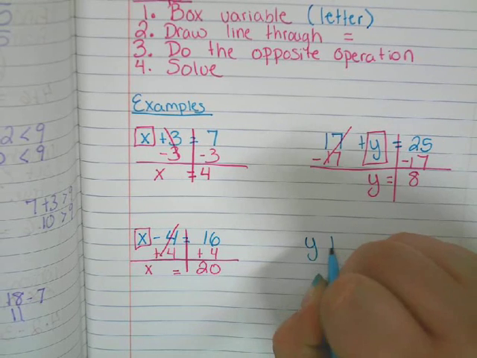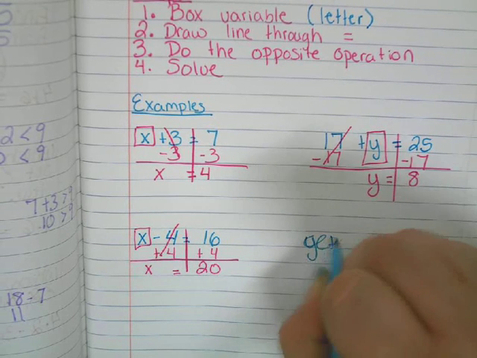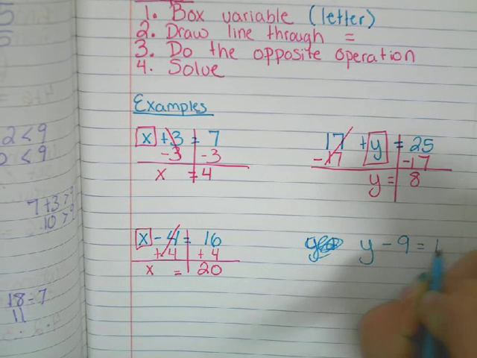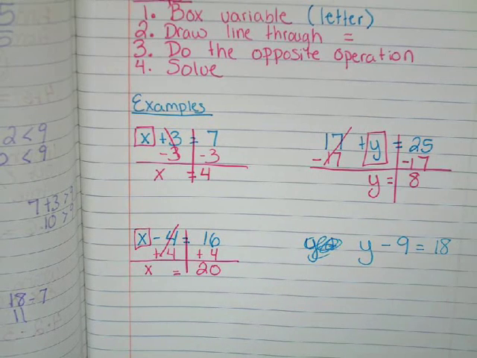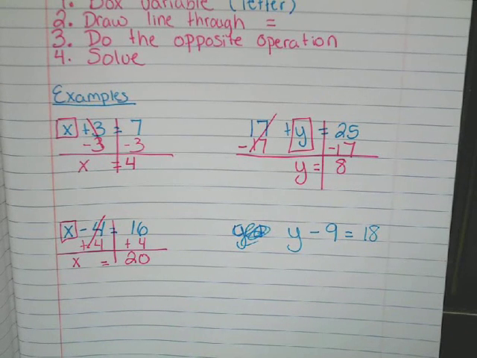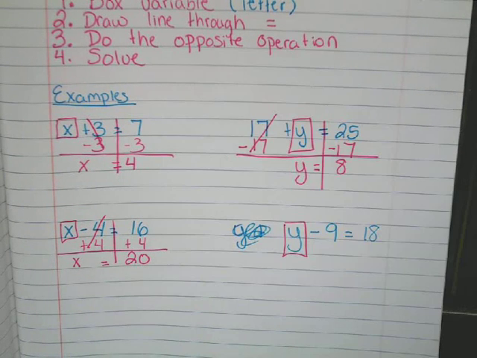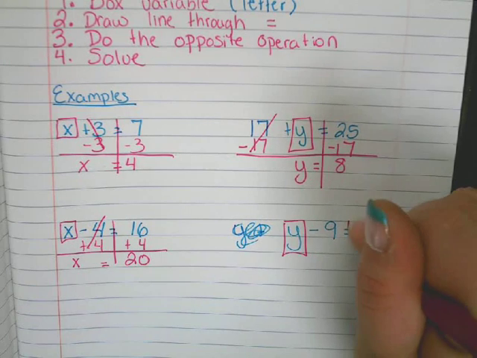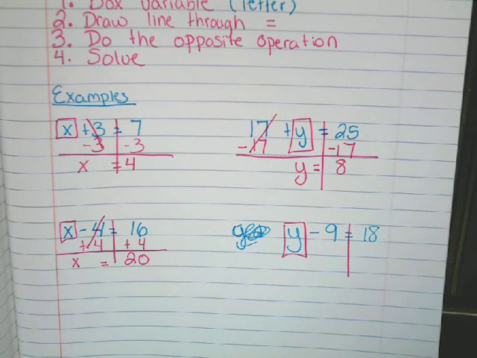Let's do y minus 9 equals 18. Box the letter. Draw a box around my letter, and make a line on the equal sign. What's my opposite operation?